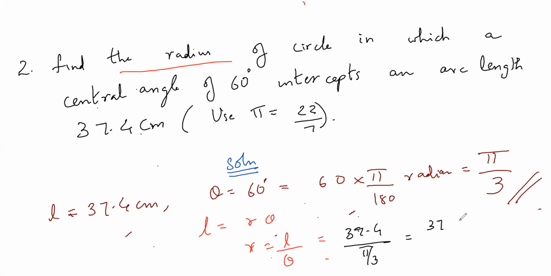So 37.4 into 3 by pi. Pi they have told us to use 22/7. I'm just taking the inverse of this. So what is the answer? 35.7 centimeter. That's all.